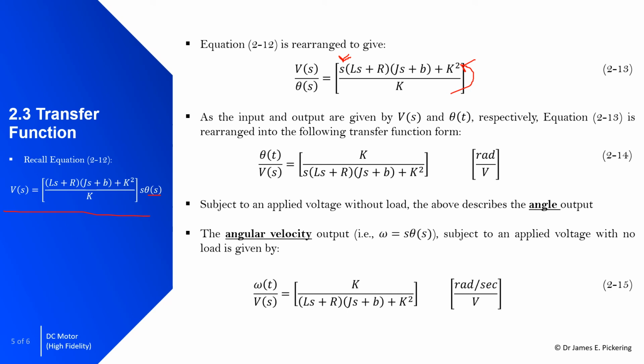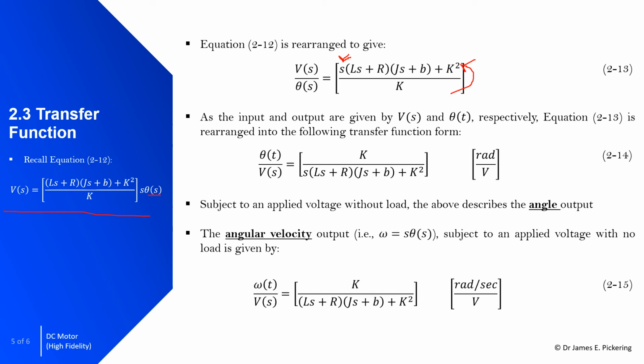If we were interested in looking at the angular velocity output, what we want is just this here to be s theta s over V s. So what we can do effectively is multiply by s.